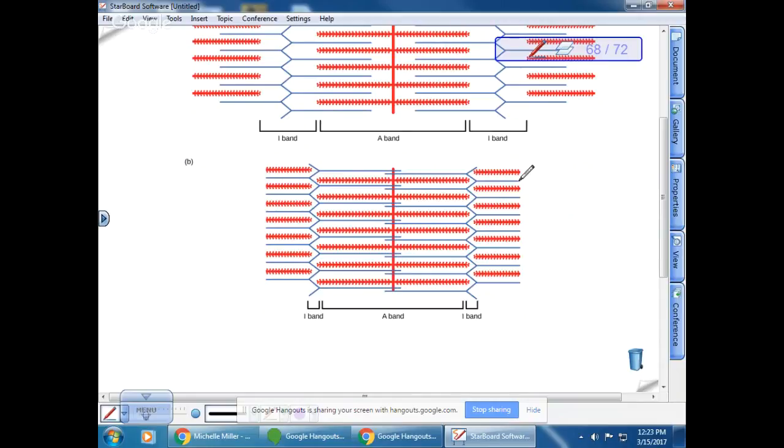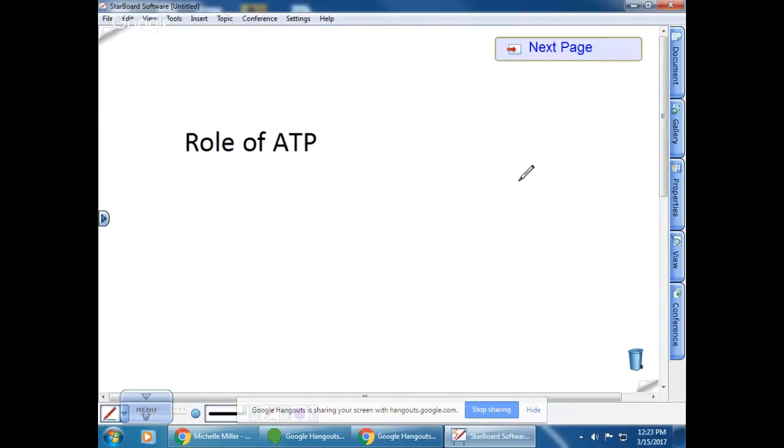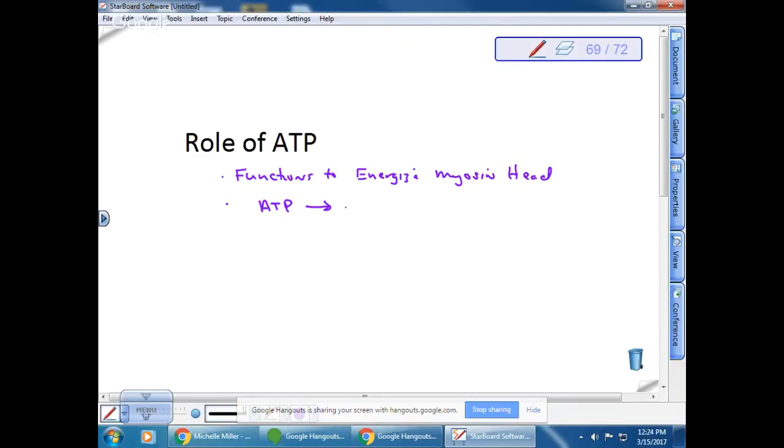So let's look at how this happens and the different roles of different substances. Okay. So ATP functions to energize the myosin head. It does this by breaking down ATP, and you can turn it into ADP plus a phosphate group plus energy, right?